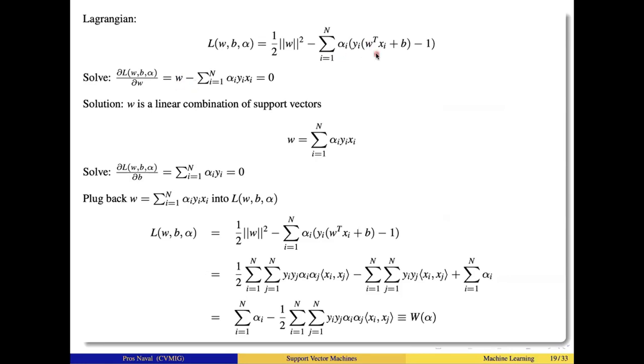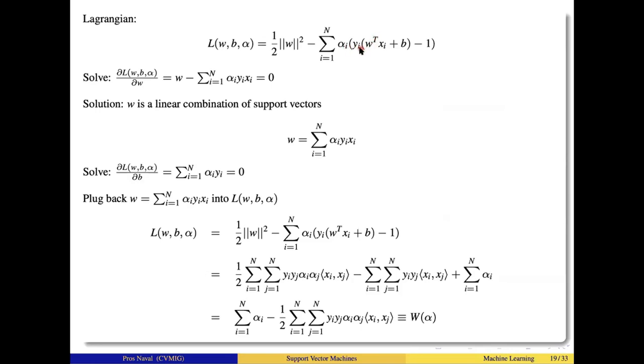And for this one, if you differentiate this with respect to W, this p here will disappear, and this term here also. So what will remain would be alpha y w xi, derivative of that. So the w will disappear.